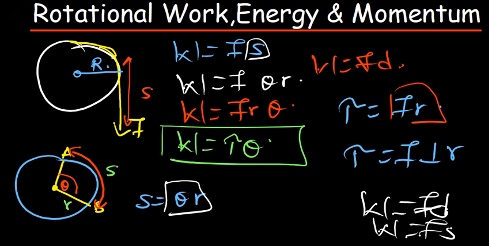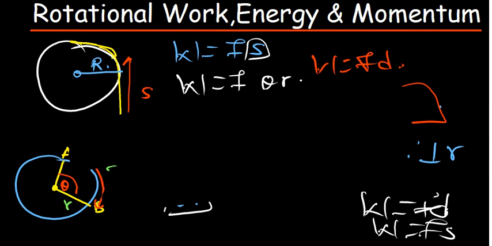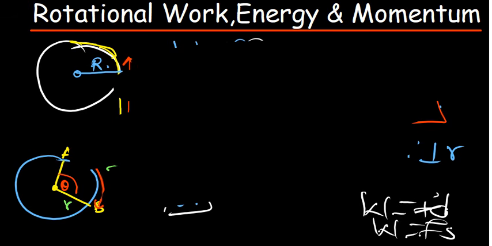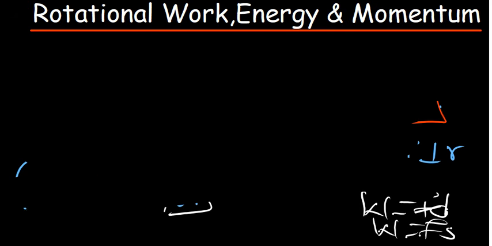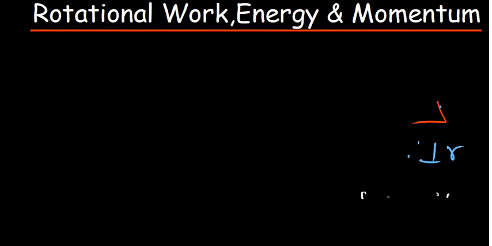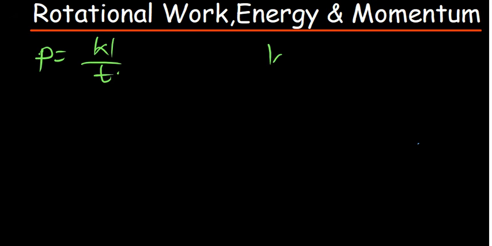Now let's go ahead and talk about power. In this case we're going to be talking about rotational power. All the formulas are coming from translational power. So we know that power is given by the work over the time. And we also know that work is force times distance.